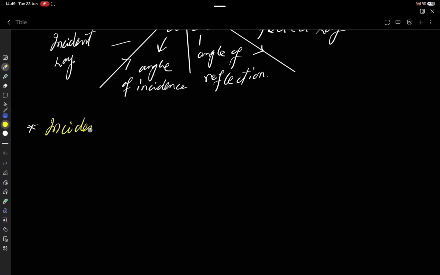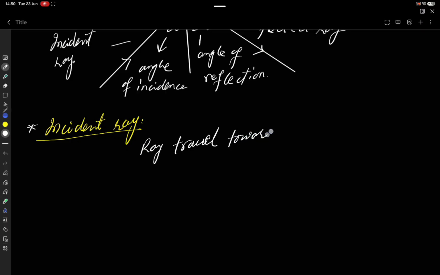Incident ray: ray that travels towards the reflecting surface.